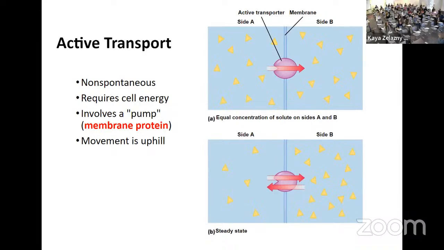So when we say uphill, we really mean, if we're thinking about something without a charge, we're thinking up the concentration gradient, so against the chemical driving force. If we're thinking about something like an ion with a charge, we're thinking against the electrochemical driving force. We're going uphill, up our gradient, against the way that the molecule or ion wants to go.